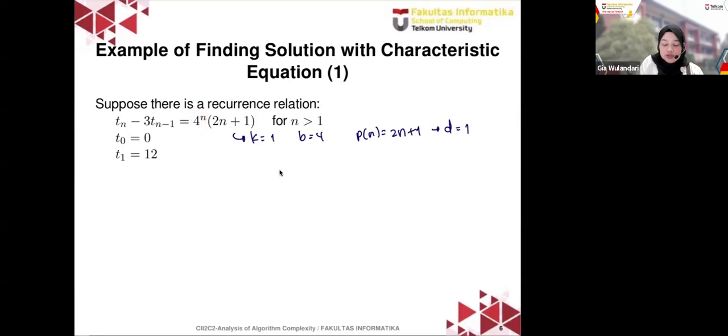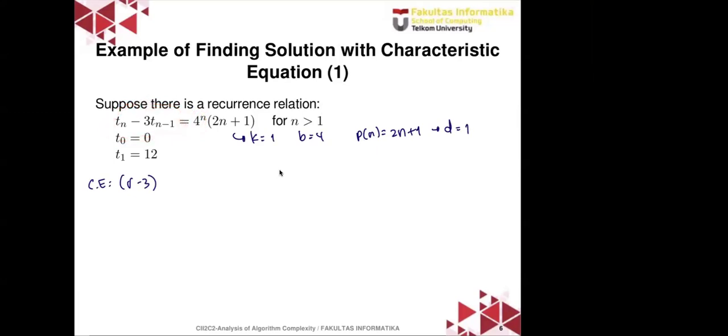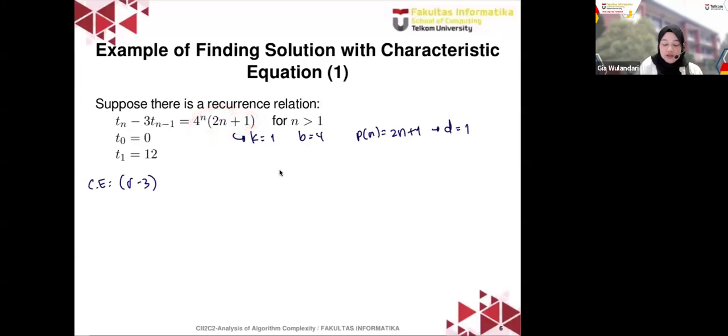So the characteristic equation should be r minus 3. It is from the left-hand side, just like what we did for the homogeneous relation. And then for the right-hand side, we will have an extra factor here, which is r minus b to the d plus 1, equals 0.